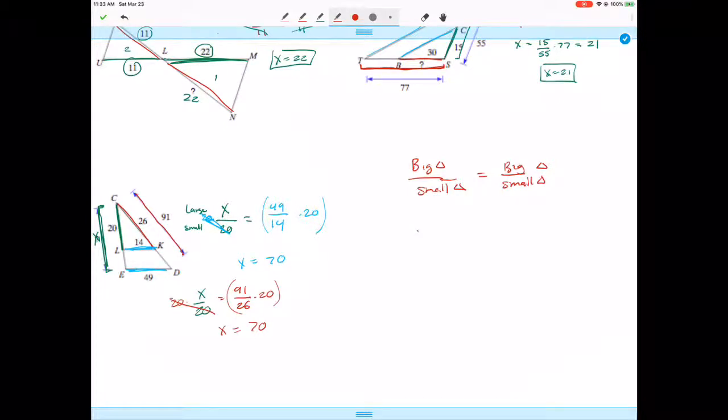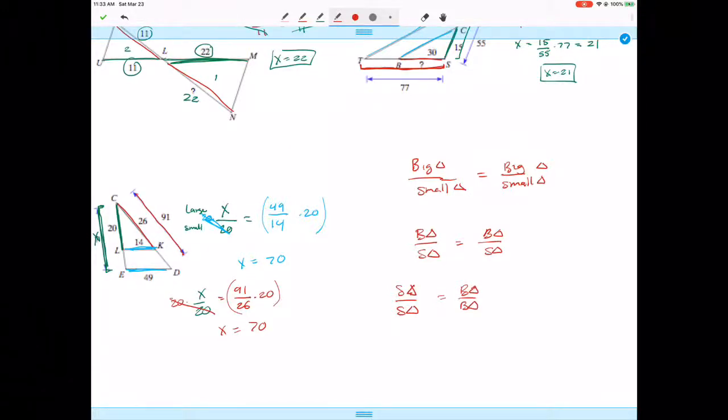Okay, and then sometimes they keep it always big on the top, big triangle divided by small triangle, and then big triangle divided by small triangle. Okay, or sometimes people also do small triangle divided by small triangle, and big triangle divided by big triangle.